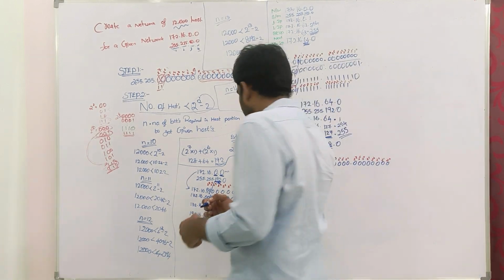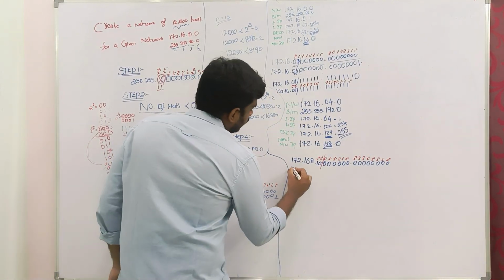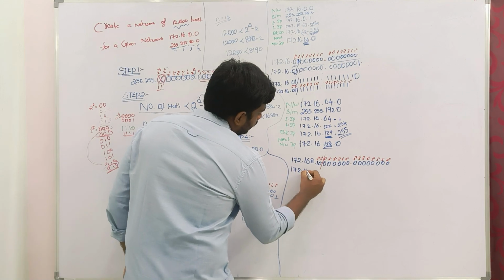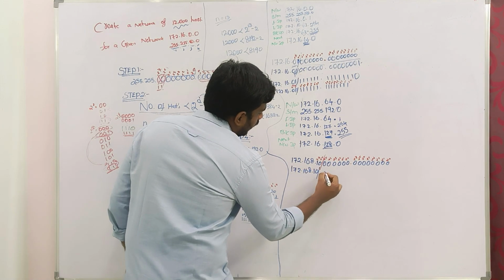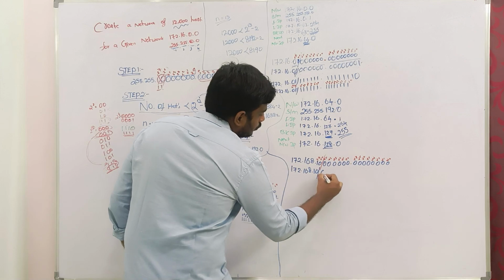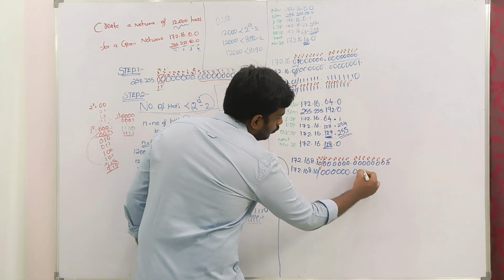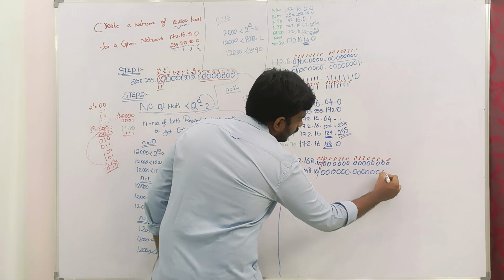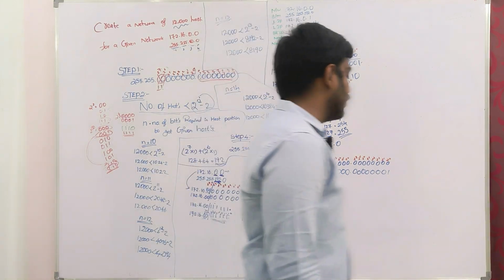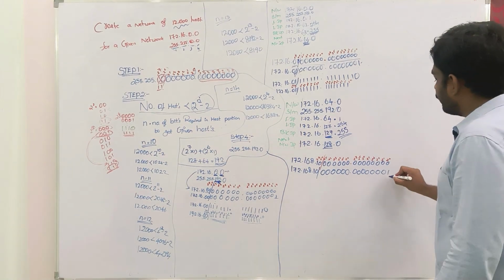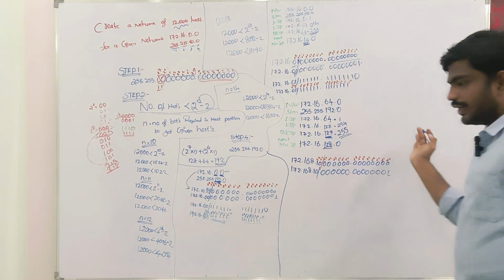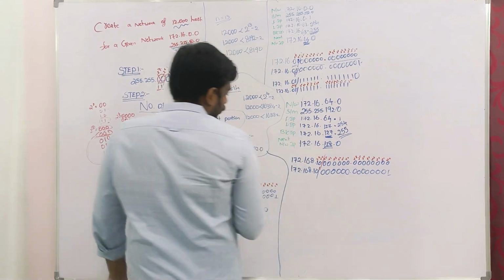Then what will be the first IP? 172.168.10 slash, all zeros, then in the fourth octet, the first bit from the right side is 1.